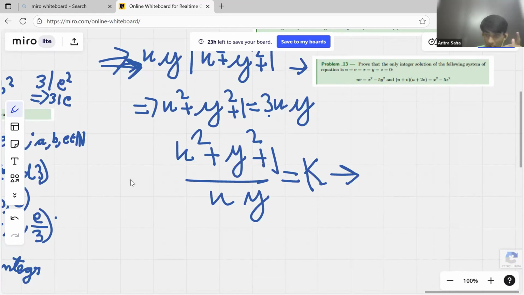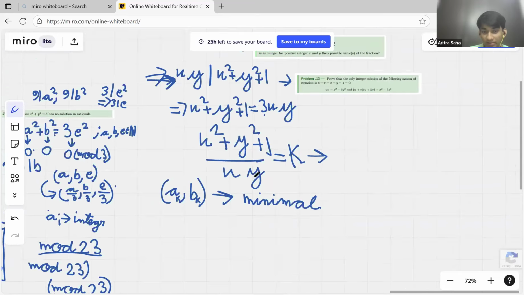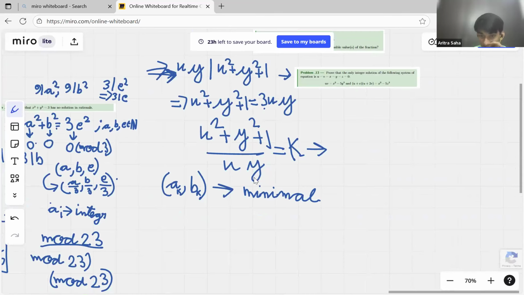Let's take now the idea of Vieta jumping: a comma b is the minimal pair which satisfies k. Minimal pair. So we can also say that to be ak, bk. I will be writing a and b everywhere because writing ak, bk is too much work. So write a, b as the minimal pair which gives k.